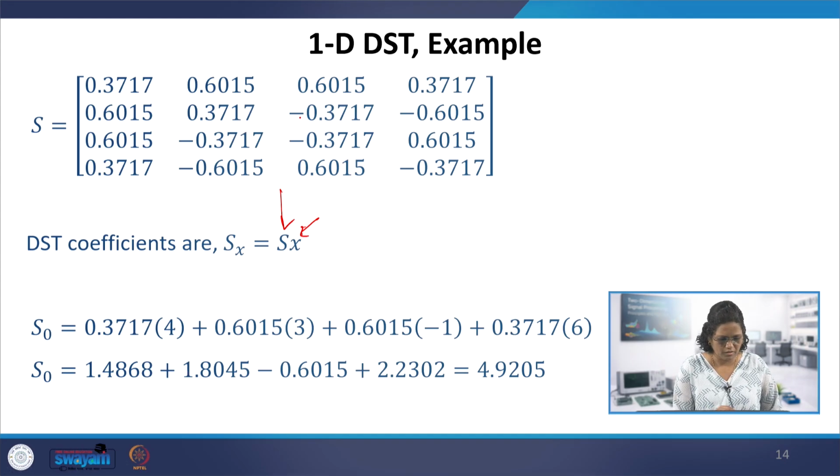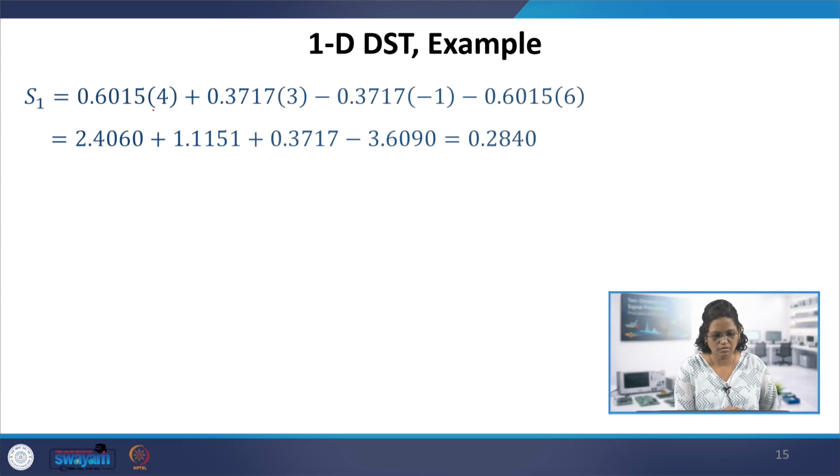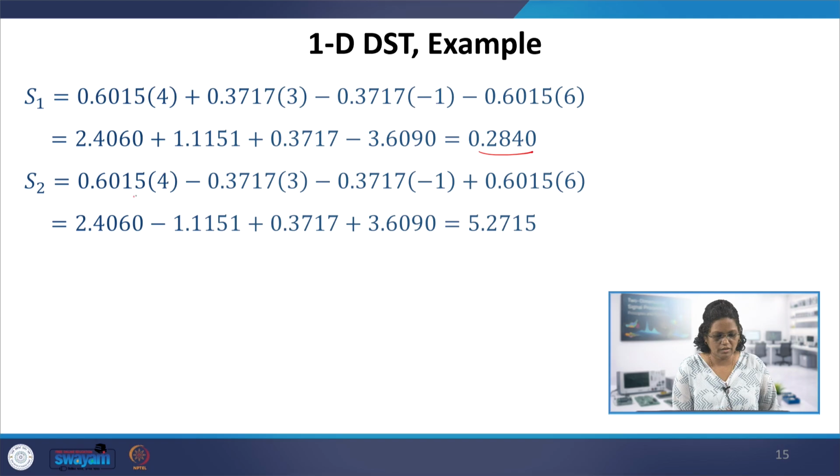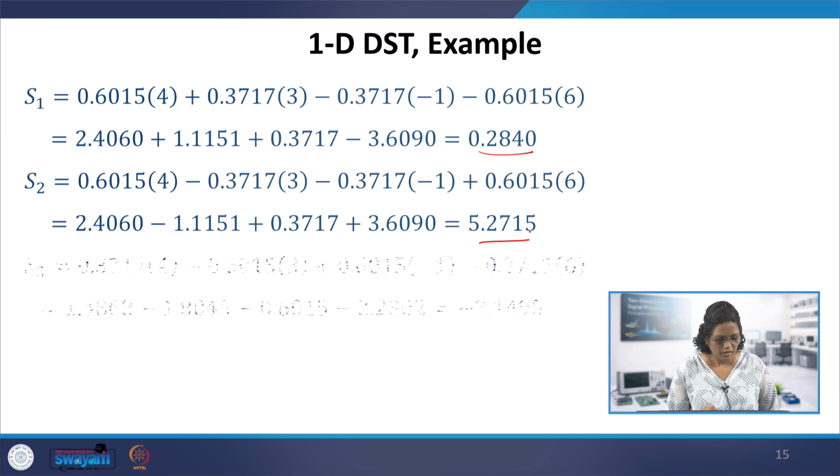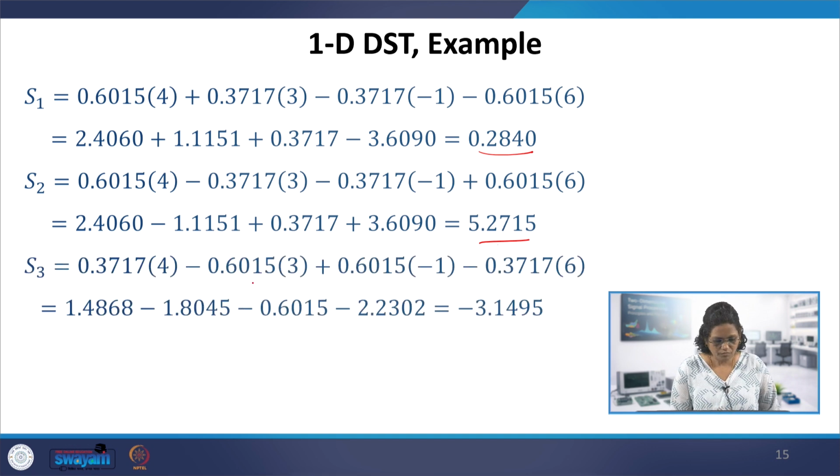If we multiply that for S0, we get 4.9205. Similarly, if we compute the second row of S with the sequence, it results in this value, and then S2, that is the third row, into X would give the value of 5.2715, and also S3, the fourth row, gives us minus 3.1494.